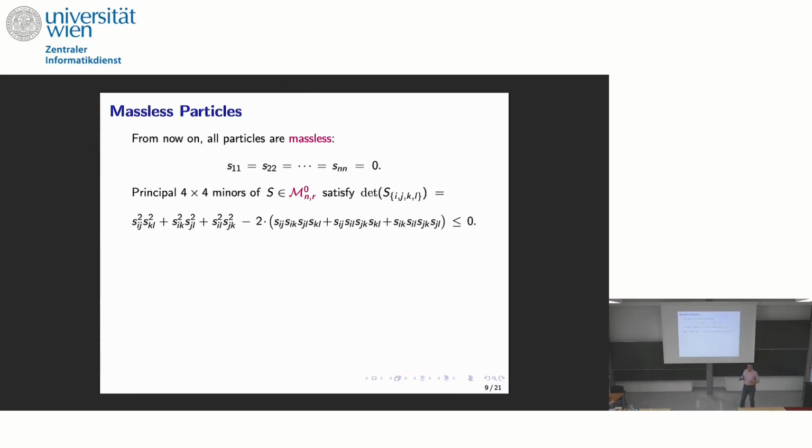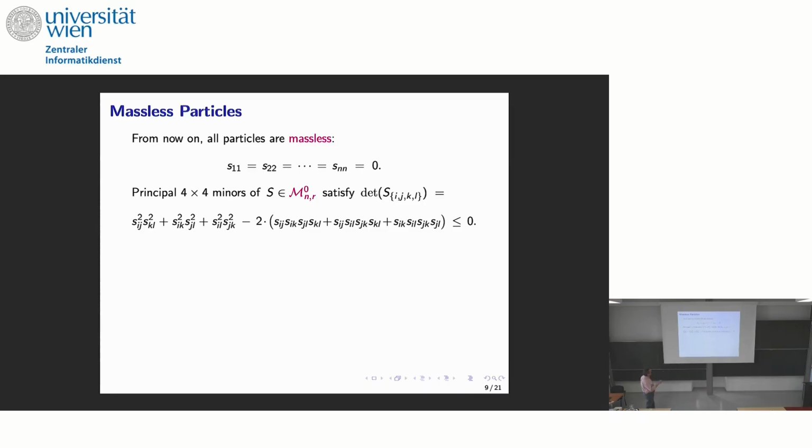Okay, so from now on, we're going to make two assumptions. The first assumption is that the particles are massless, but I am not yet requiring that momentum conservation holds. In about 15-20 minutes, momentum conservation will hold, but for now I'm putting the first assumption in, namely the particles are massless, and I'm allowing momentum conservation to be violated.